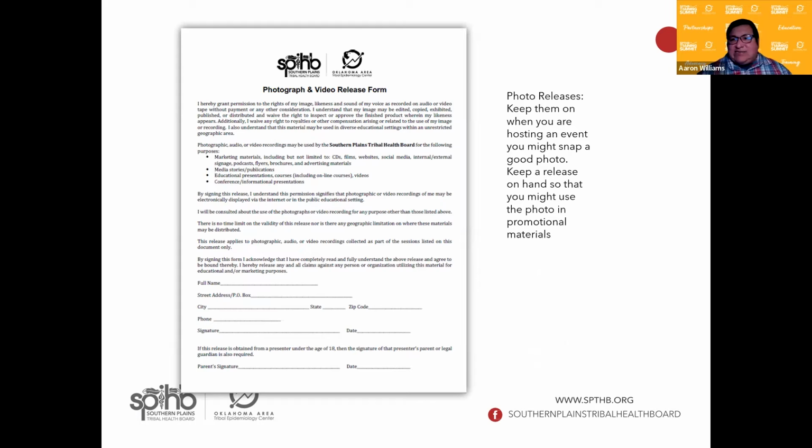They're not always necessary if it's a public space, and if you're going to be using the photos in a non-monetary way, but these are always good to have on hand just in case something comes up. Say you got a really good photo of somebody and it looks fantastic, and you ended up using it in your social media post, and then they see it and they don't like it and they ask you to take it down. You want to stay on everybody's good side.